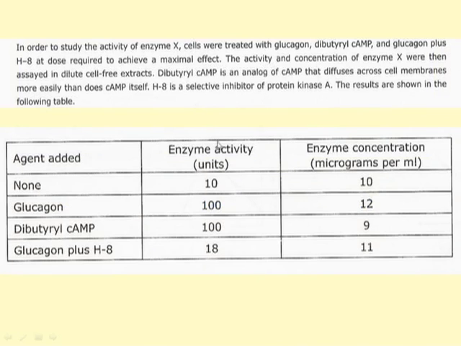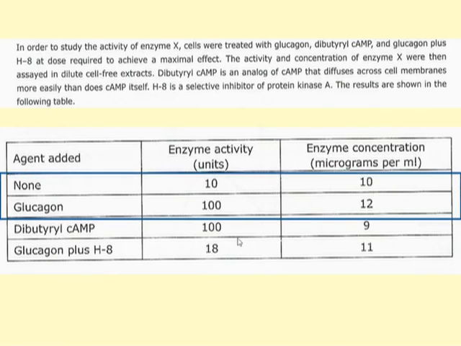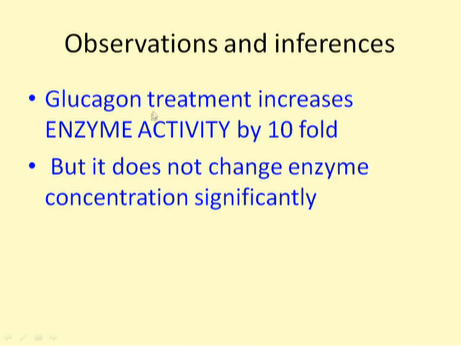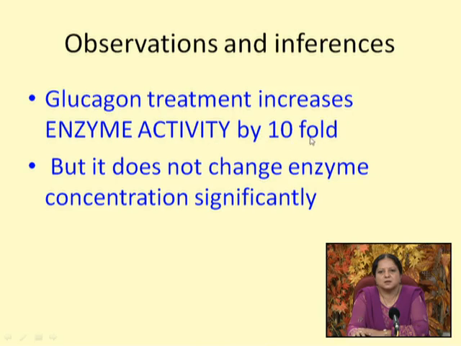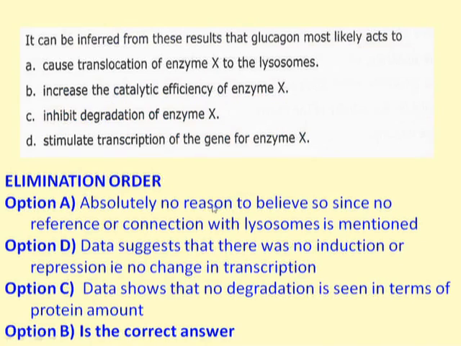If we go back again to this table, we see that glucagon brings about a 10-fold increase in the enzyme activity and hardly any significant change in enzyme concentration, as compared to the control, or when no agent was added. So that is the observation that glucagon treatment increases enzyme activity by 10-fold, but it does not change the enzyme concentration significantly. So what are the options that we have here?